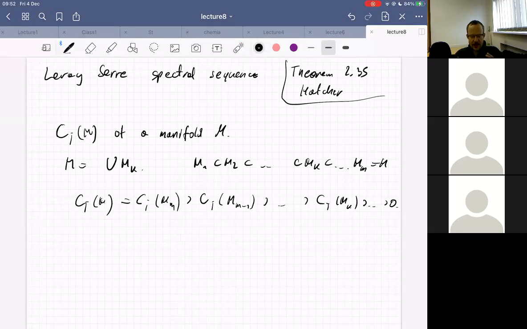This is like a basic explanation, and you have the derivative d going to C_j(M). Okay, and this derivative preserves the filtration.